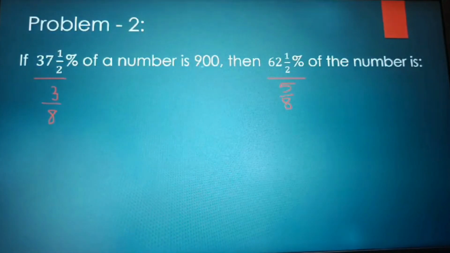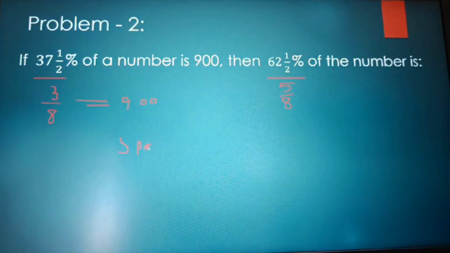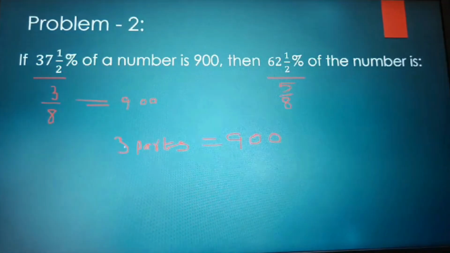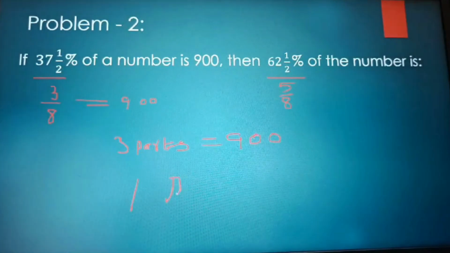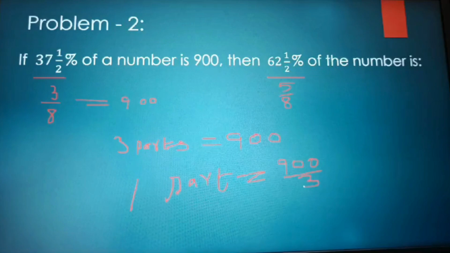We also have 3 by 8 equal to 900. So that is, these 3 parts equal to 900. So what is the one part? Then one part becomes 900 by 3.